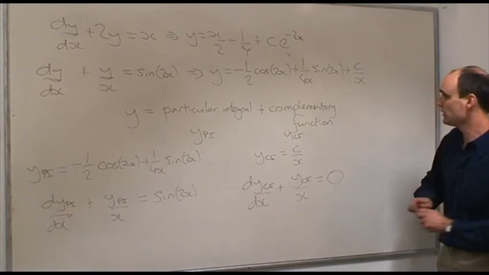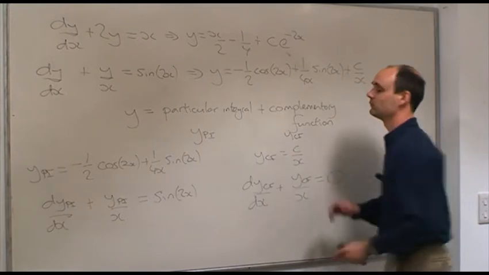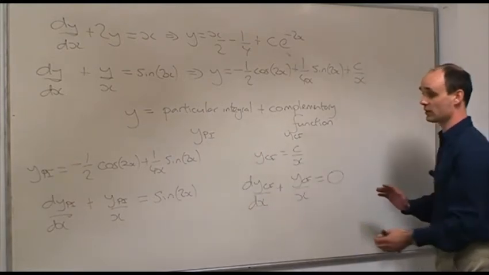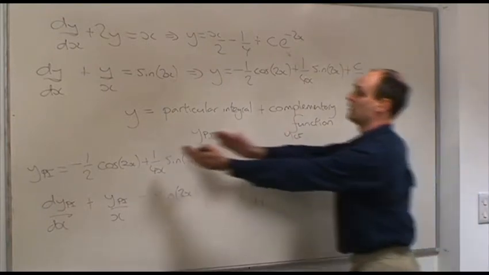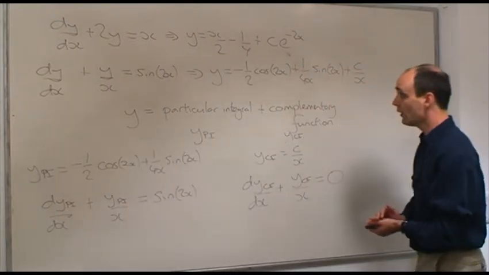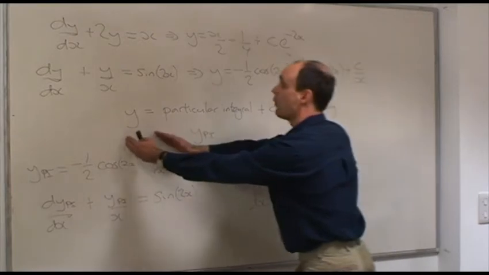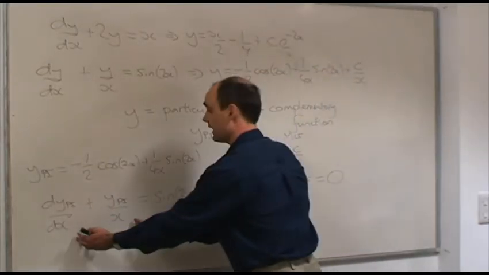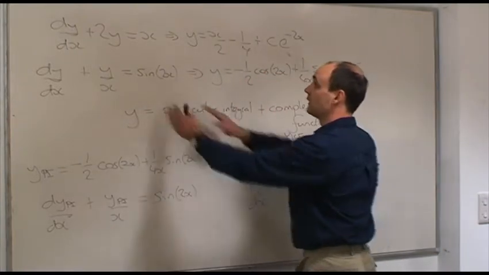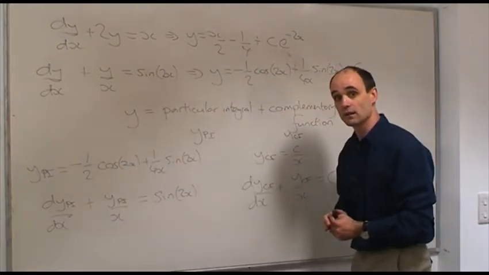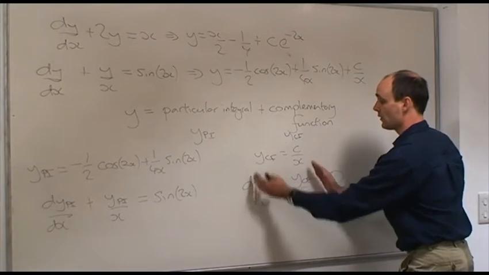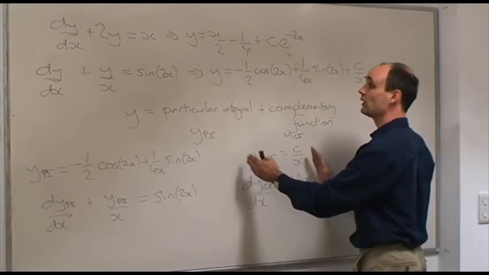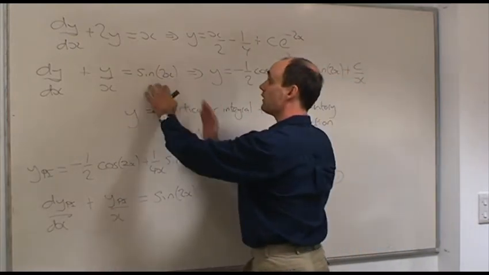Okay, so what happens when you add the particular integral and the complementary function together and put them all into this function y? Well, when you put this function y now into the left-hand side of the differential equation, then the particular integral part of y gives you the sine 2x on the right-hand side, whereas the complementary function part of the solution gives you 0 on the right-hand side.